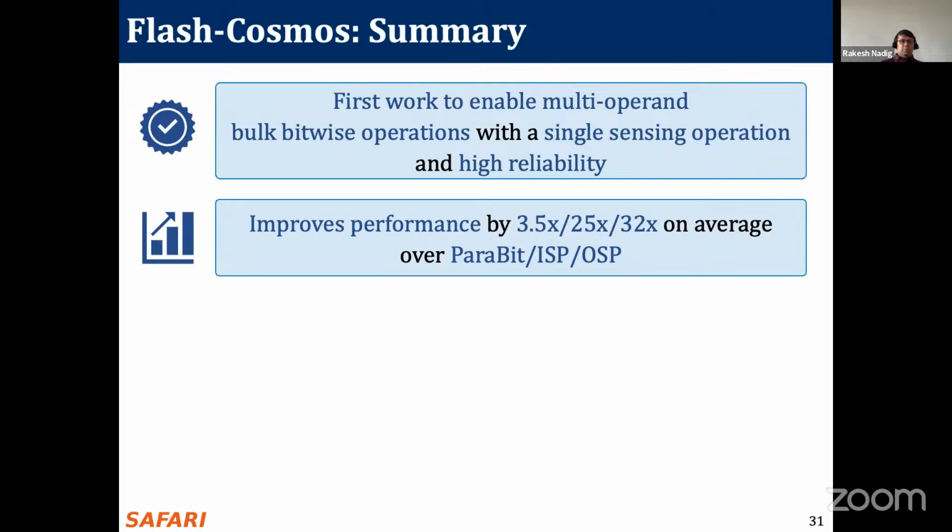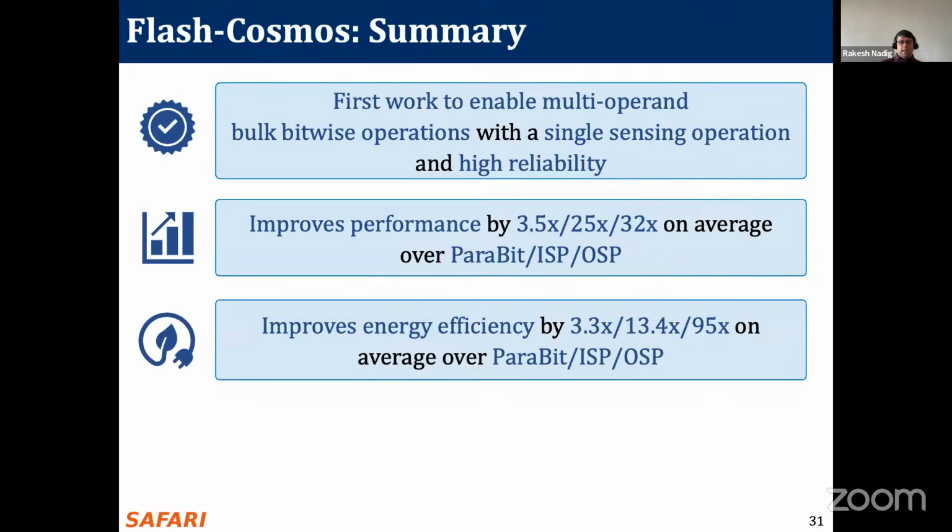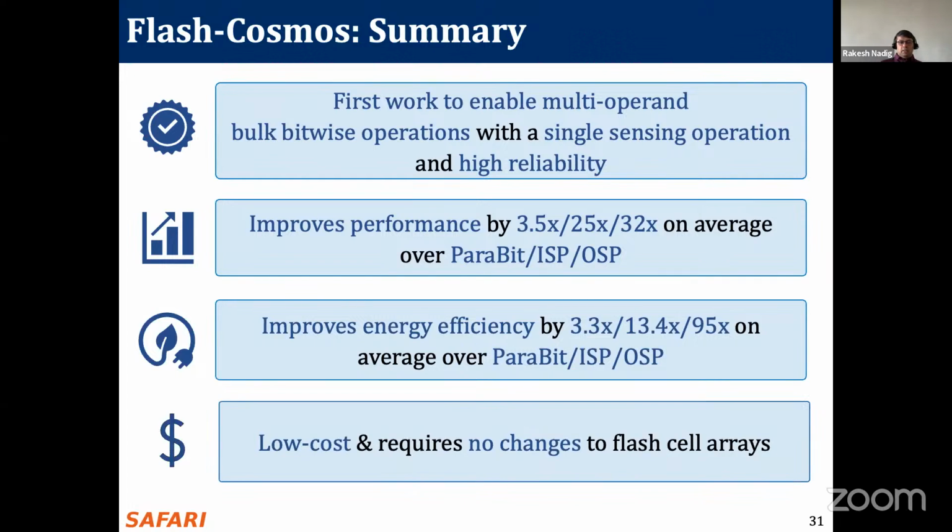Flash Cosmos improves the performance by 3.5 times, 25 times, and 32 times on average over Parabit, ISP, and OSP. And Flash Cosmos also improves energy efficiency by up to 95 times over OSP. And the benefits of Flash Cosmos come at a very low cost, and it requires no changes to the flash cell arrays.